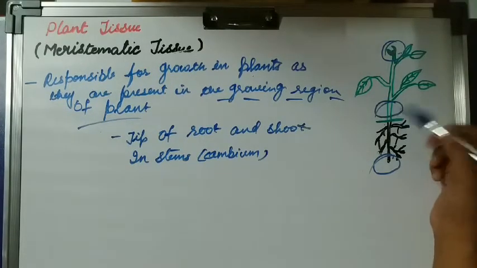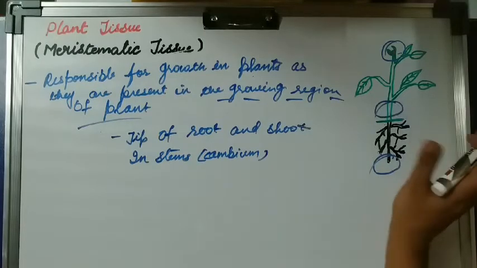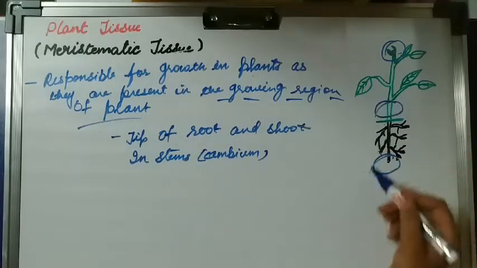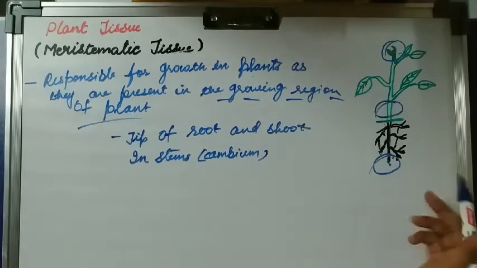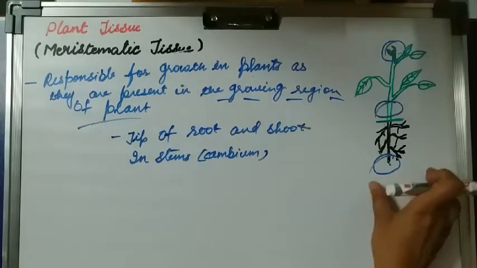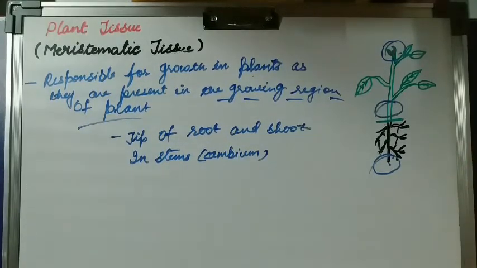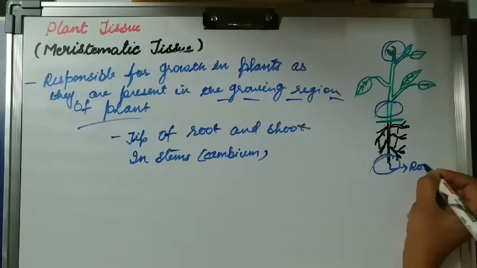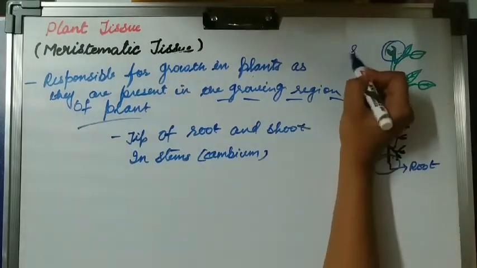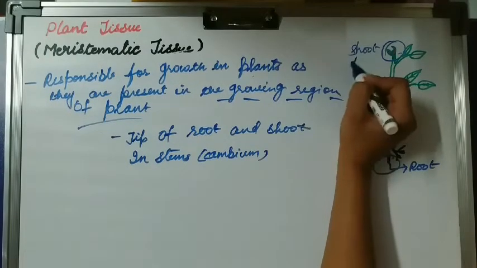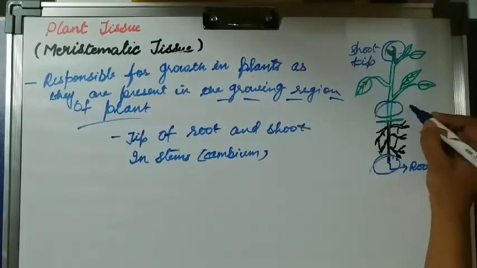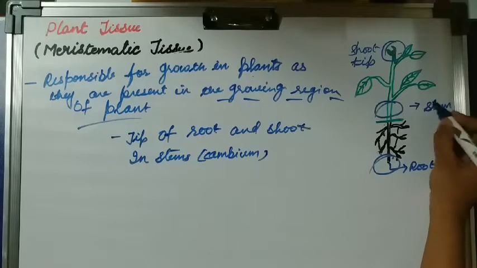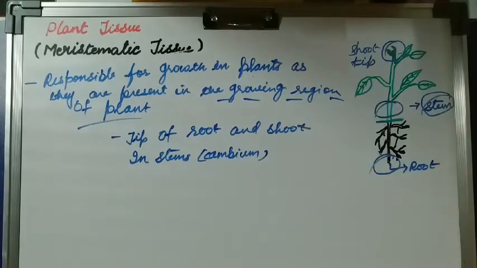It will help the plant to increase its width, and it is also present at the tip of the root, and it will help the plant to grow downwards also. So these are the three places where the meristematic tissue is present.